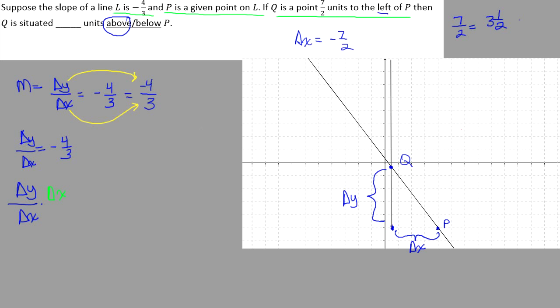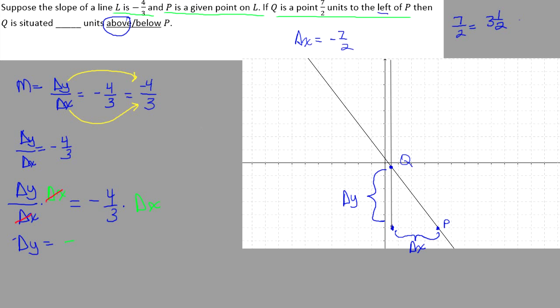This will cause delta x to divide into delta x, become 1, leaving just delta y on the left-hand side. But whatever I did to the left-hand side, I got to do to the right-hand side, so that's minus 4/3 times delta x. By doing the same thing to both sides of the equation, I didn't change anything.